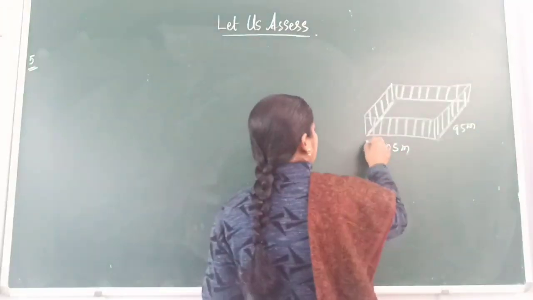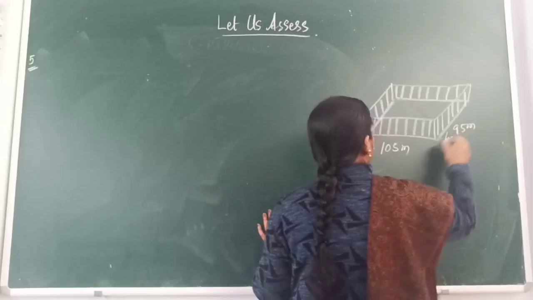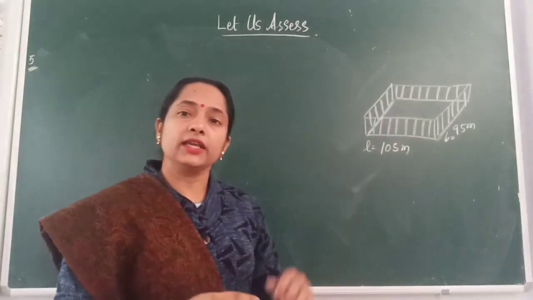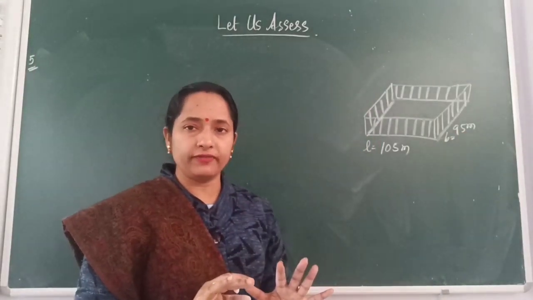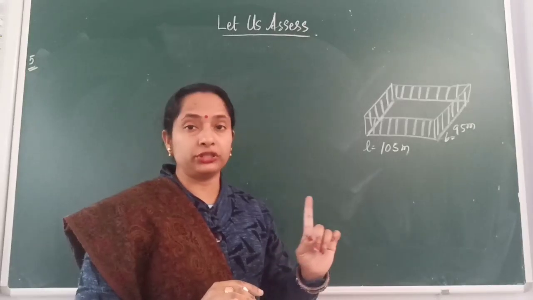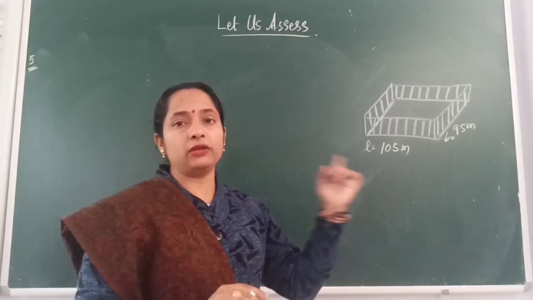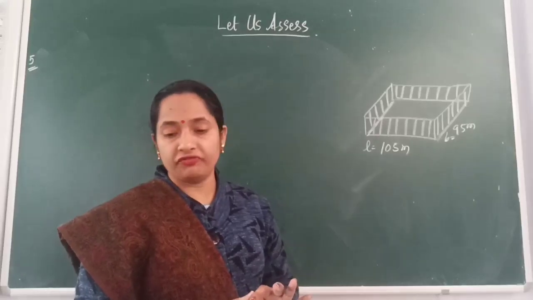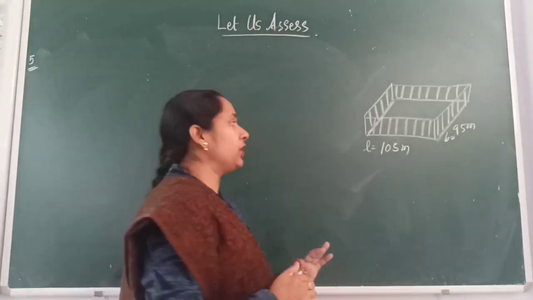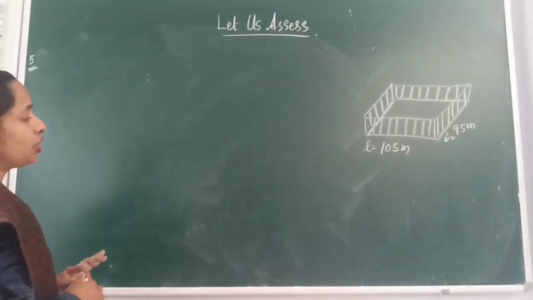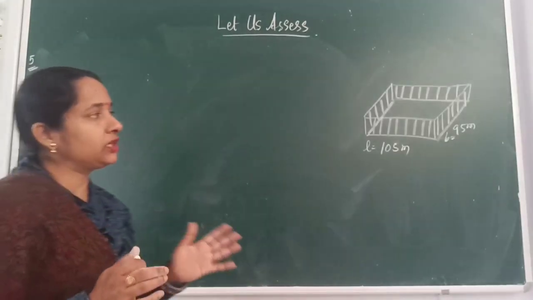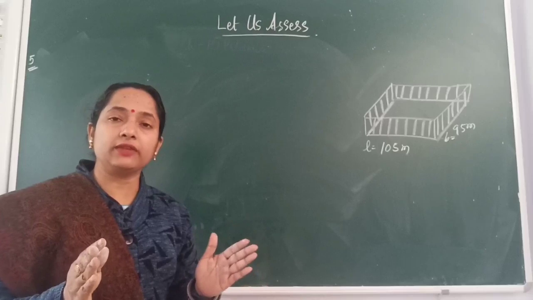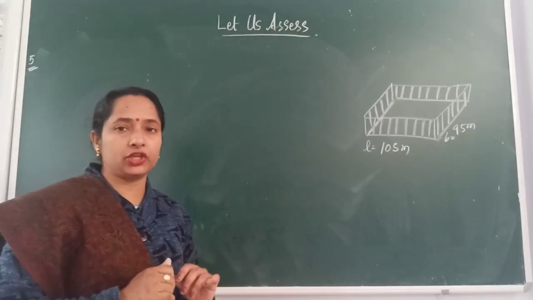This is the length and this is the breadth. Now he has already bought the fencing which is equal to the perimeter of the rectangular plot. So here the length of the fencing will be equivalent to the perimeter of the plot.